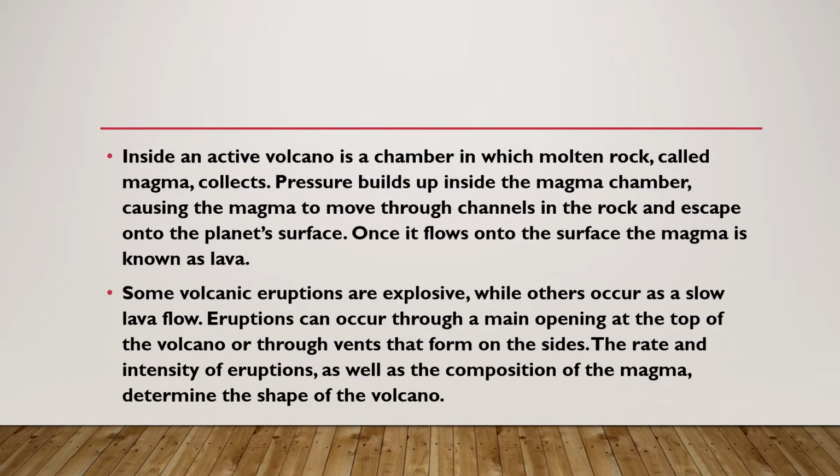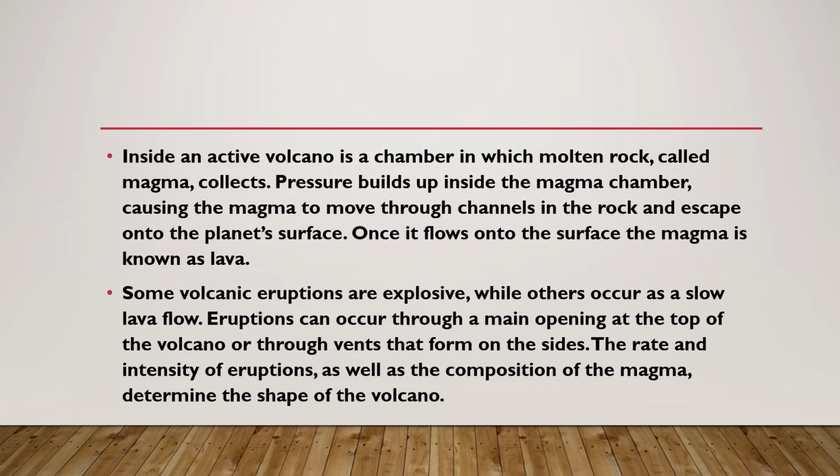Inside an active volcano is a chamber in which molten rock called magma collects. Pressure builds up inside the magma chamber, causing the magma to move through channels in the rock and escape onto the planet's surface. Once it flows onto the surface, the magma is known as lava.